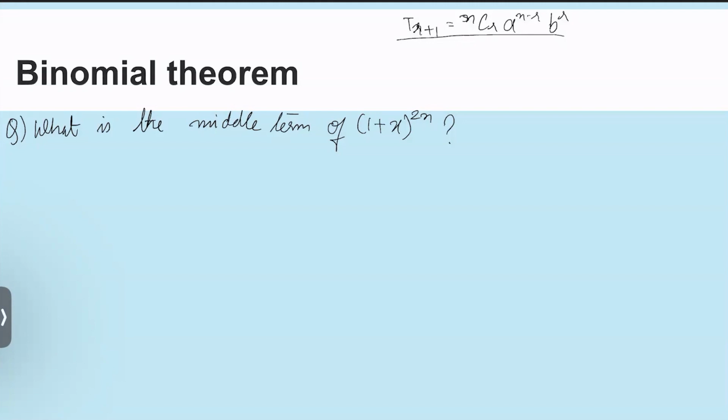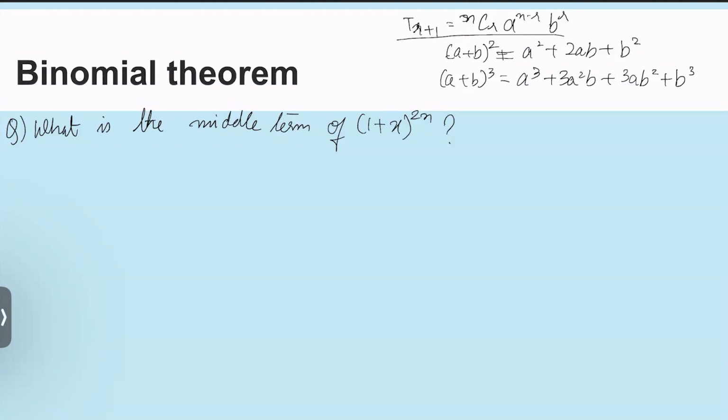Okay, now you will see that, let's take a very simple expansion. So, (a plus b) the whole square is going to be equal to a square plus 2ab plus b square. And if you have (a plus b) the whole cube, you have a cube plus 3a squared b plus 3ab squared plus b cube.